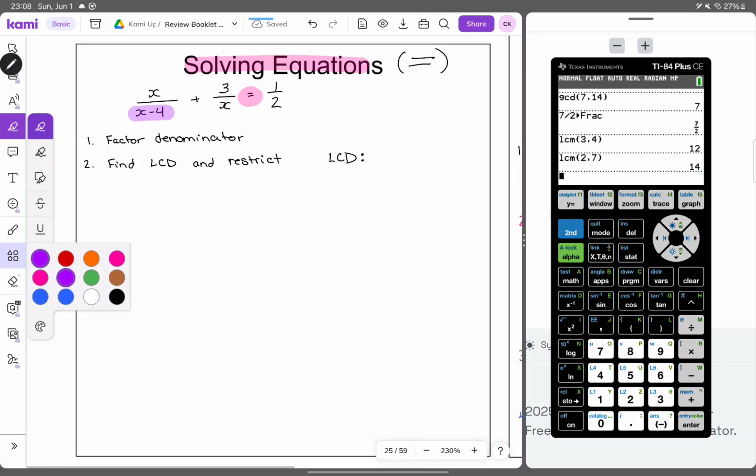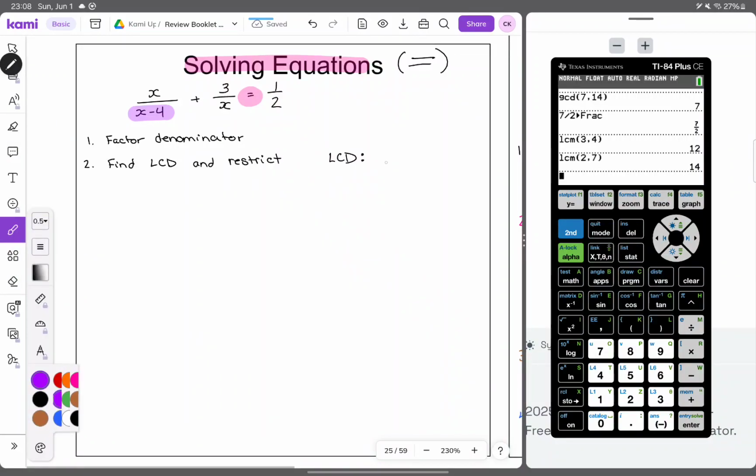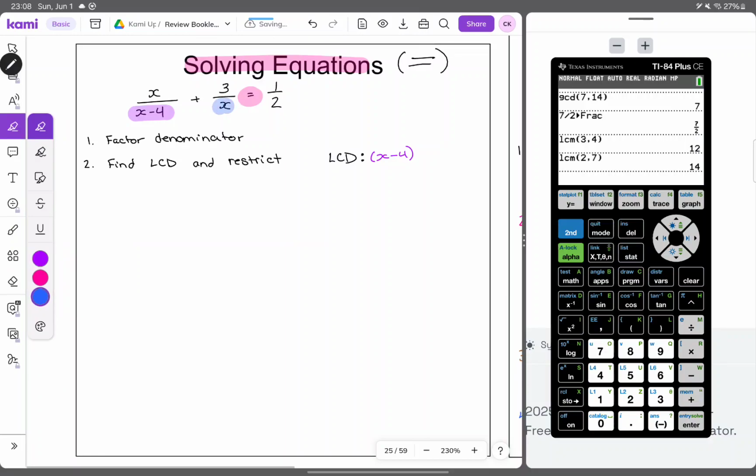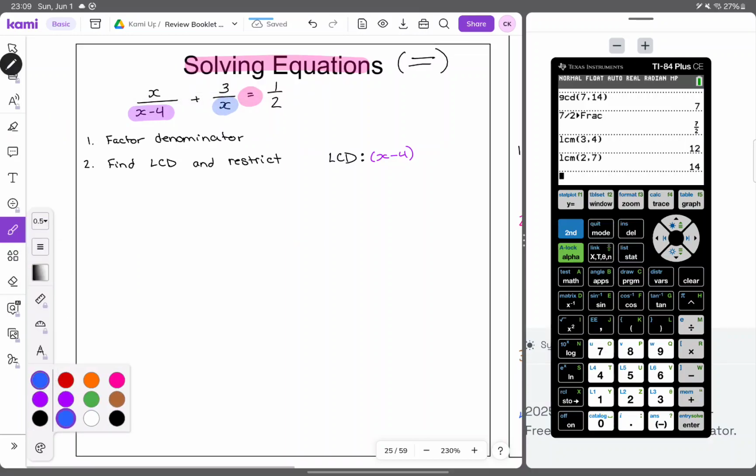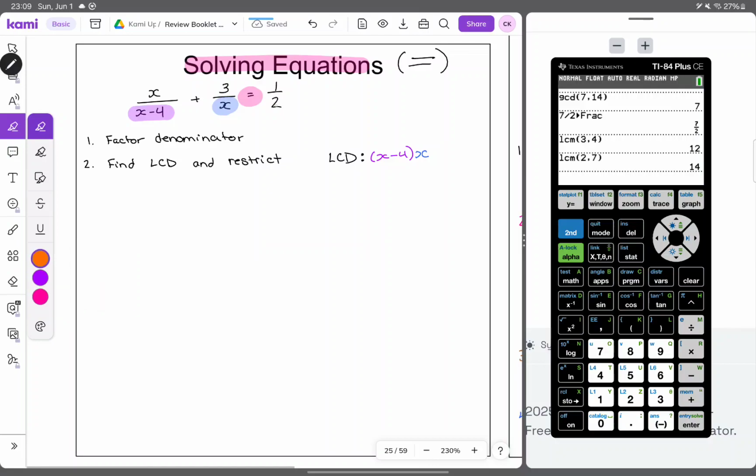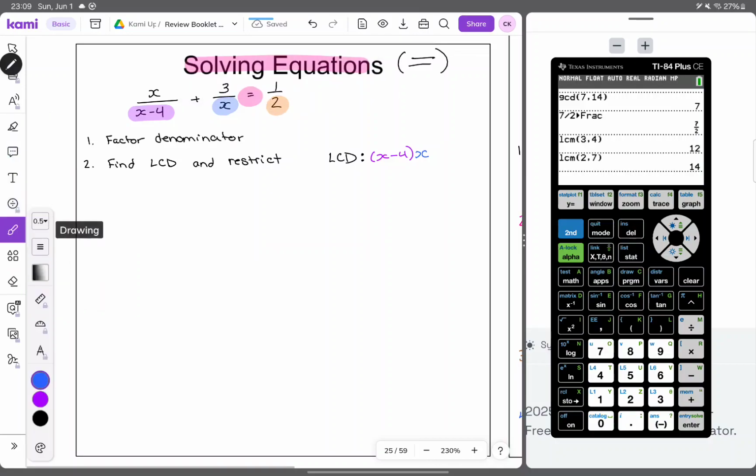So I need an x minus 4. I can see I have an x, so my lowest common denominator needs an x. And I have a 2, so my lowest common denominator also needs a 2.